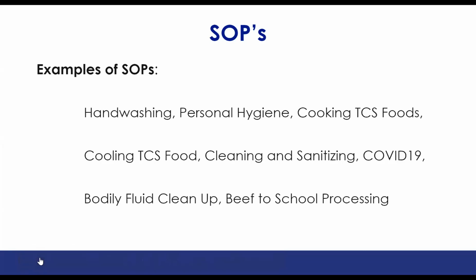In cooking the TCS foods, ground beef, for example, if it is raw, needs to be cooked to 155 for 17 seconds. I almost said 15, but it has changed to 17 seconds.